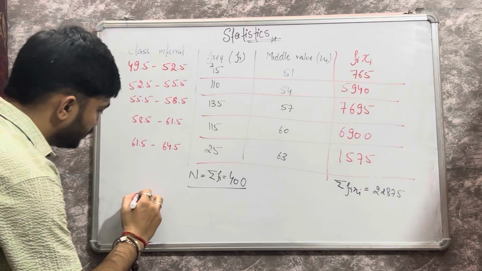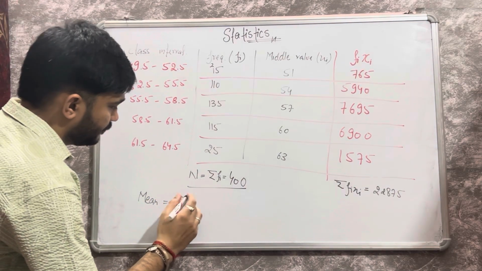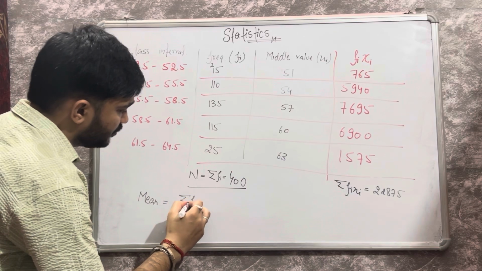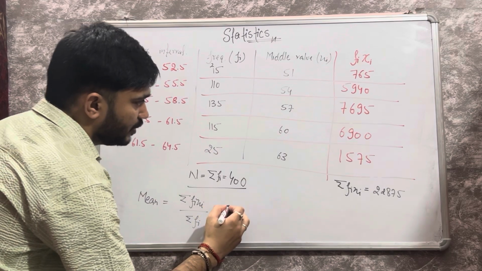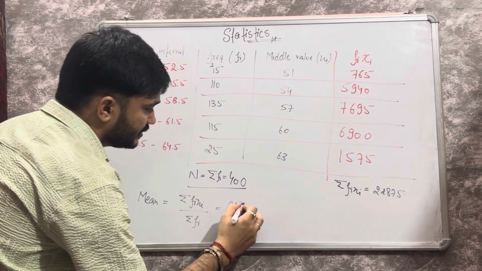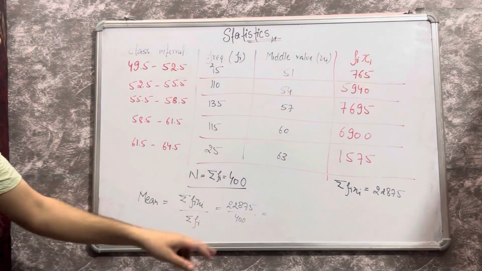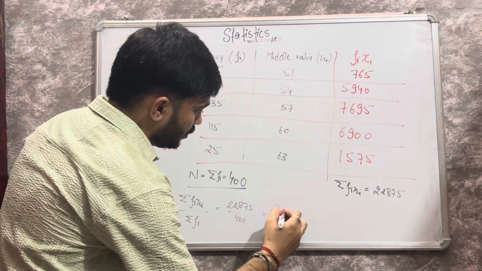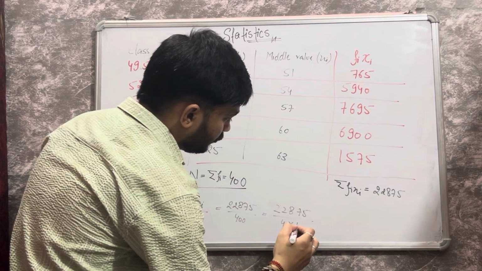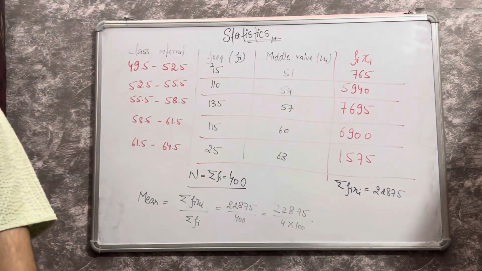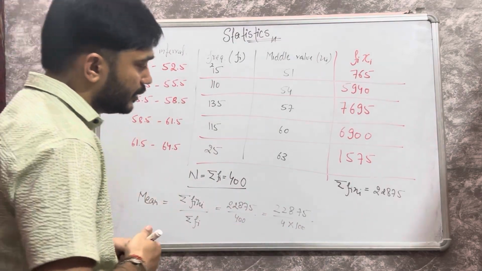Now we have to find the mean here. The mean will be, write the formula first, summation of fi xi divided by summation of fi. You will get 22875 divided by 400. Now you can divide this in two ways. Write 400 as 4 multiplied by 100, because we know that 4 into 100 is 400.